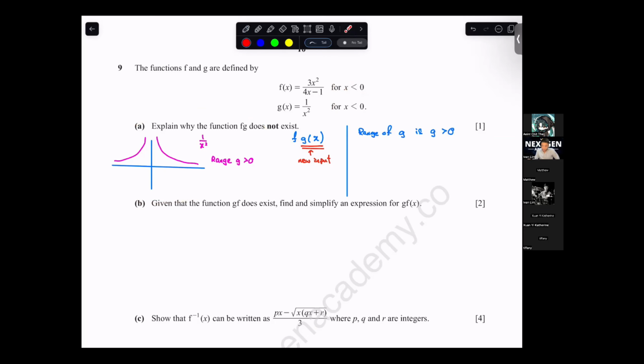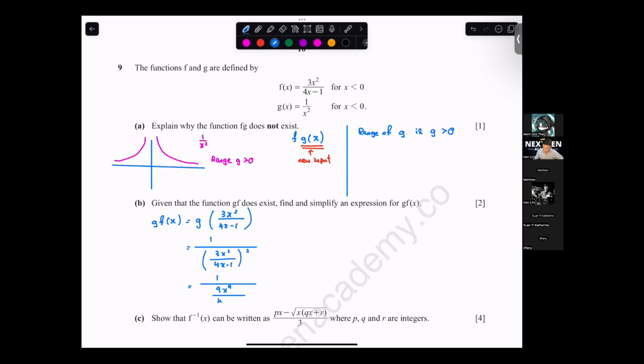Question B. Given that the function gf does exist, find and simplify an expression for g of f of x. So we're going to substitute this inside, doing the composite function. So g of 3x squared over 4x minus 1 is 1 over 3x squared over 4x minus 1, squared, which you'll get 1 over 9x to the power 4 over 4x minus 1 squared.